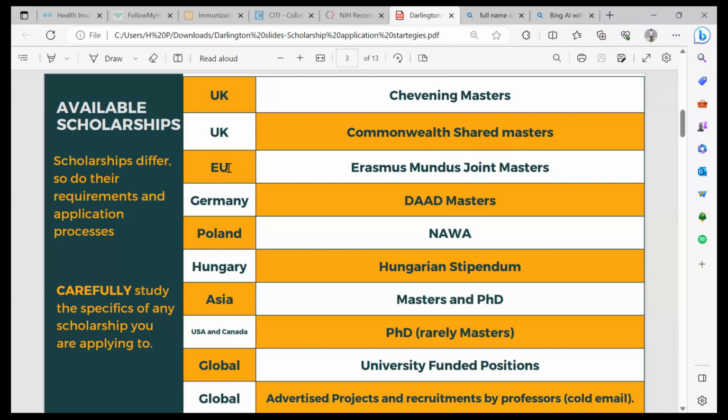You have this from the EU, the Erasmus Mundus Joint Master's Degree, which is sponsored by the European Union government, and they have a different mission and vision. For Erasmus Mundus, you are required to study in different countries. In fact, their mission is to bring talents to Europe.